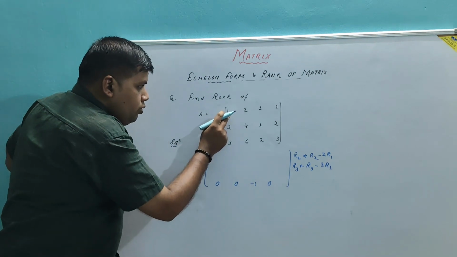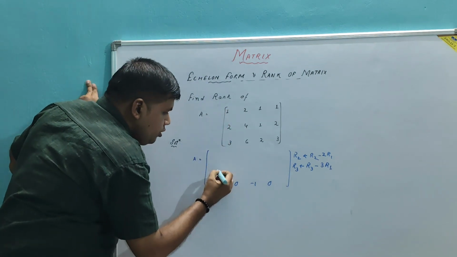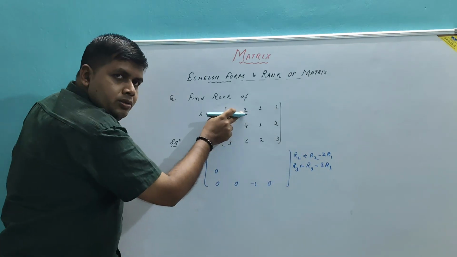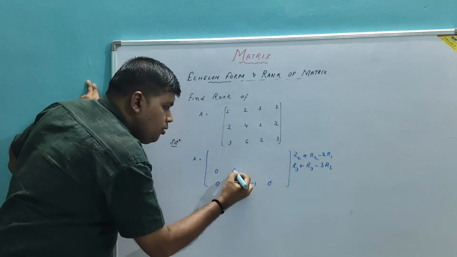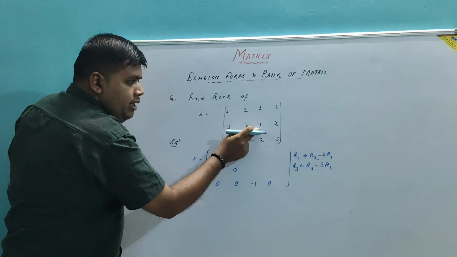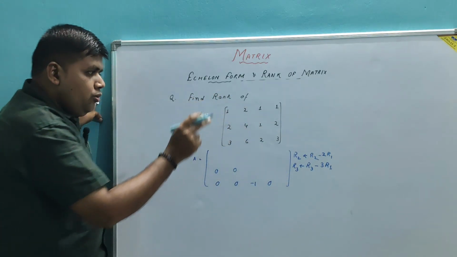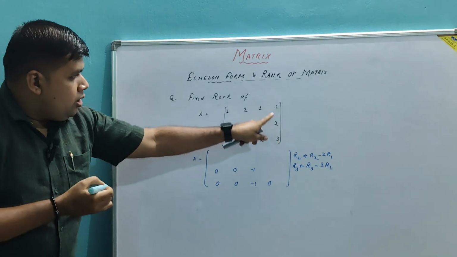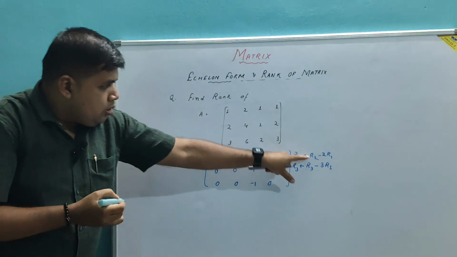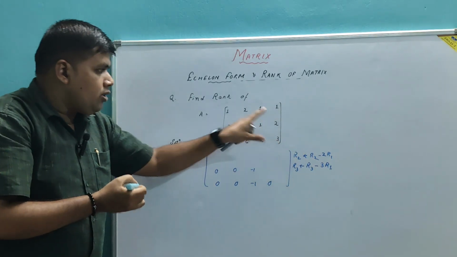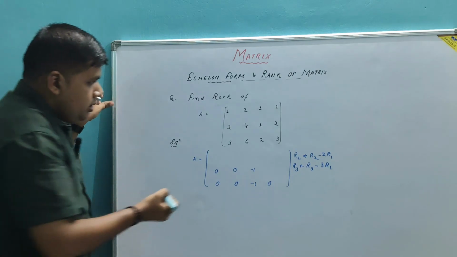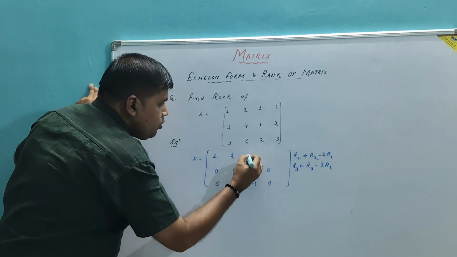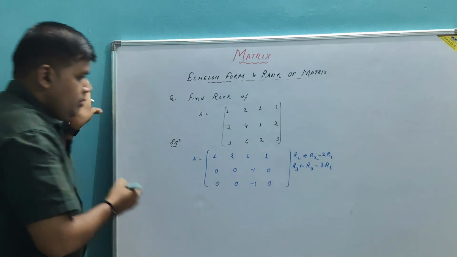So 2 minus 2 is 0. 4 minus twice of this, so 2 2s are 4, 4 minus 4 is 0. 1 minus 2 into 1 is 2, so it is minus 1. And 2 minus 2 of 1 is 0. And the first row will remain the same, 1 2 1 1.